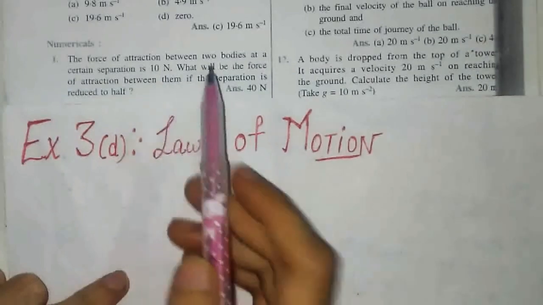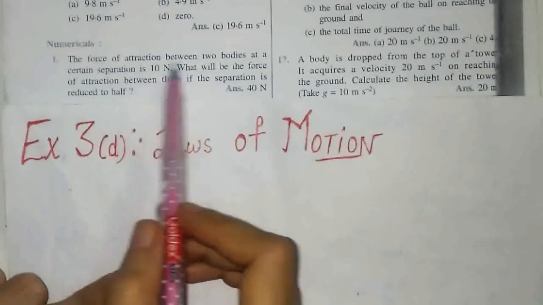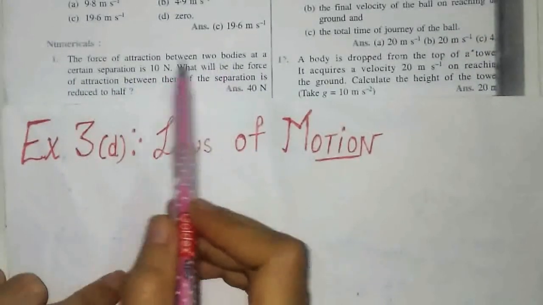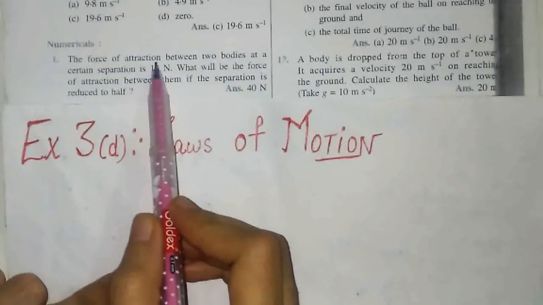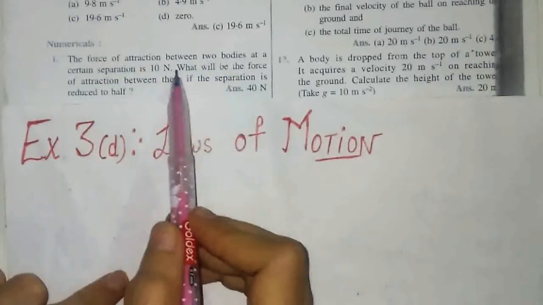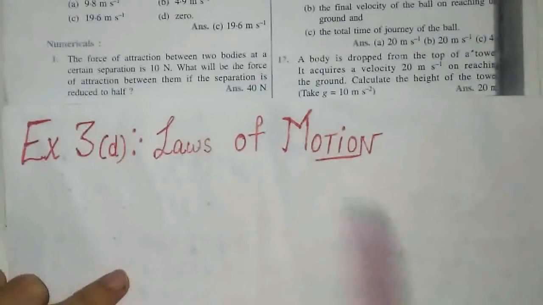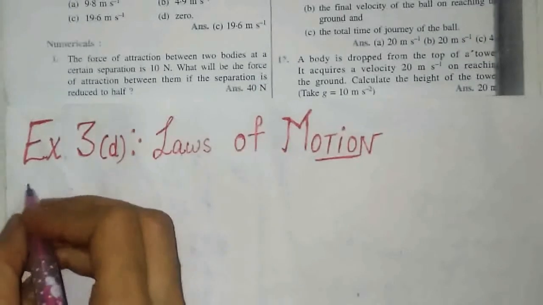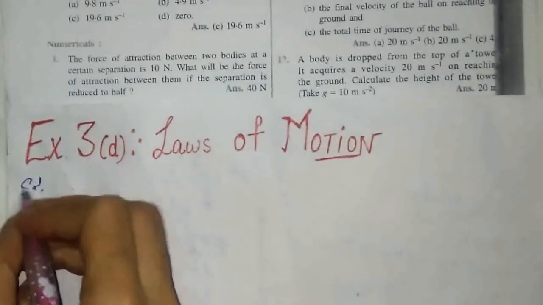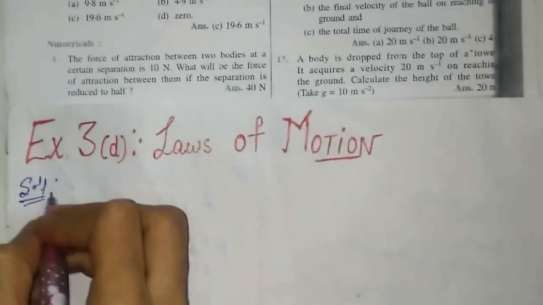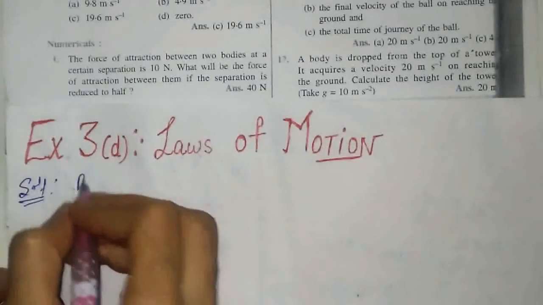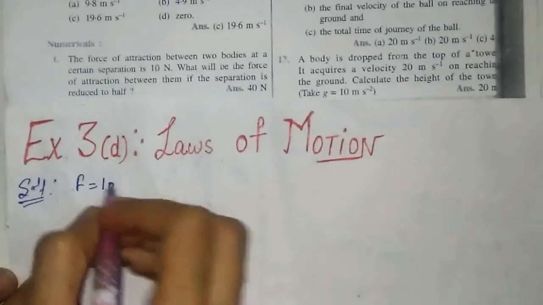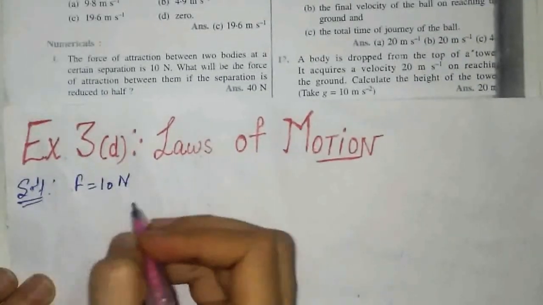That is, we are given two bodies and the force of attraction between the two bodies is 10 Newton. So the solution of the first numerical: we are given a force of 10 Newton between two bodies.